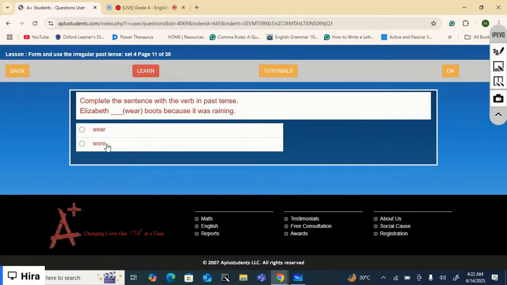Okay, it is the correct one. Wore. Elizabeth wore boots because it was raining.